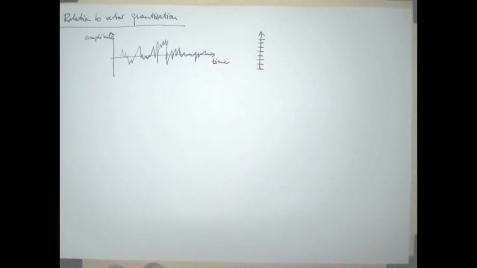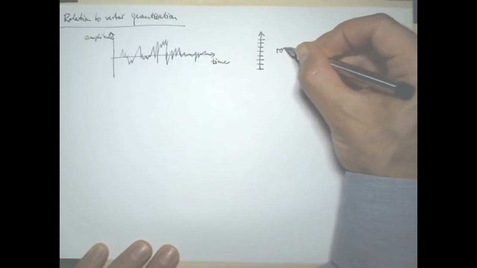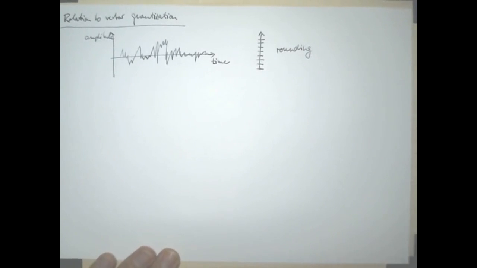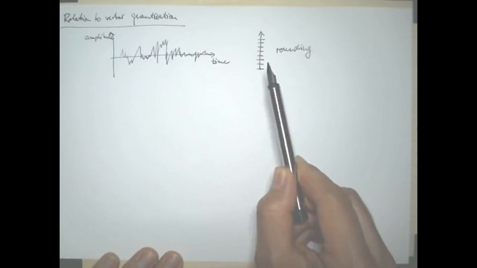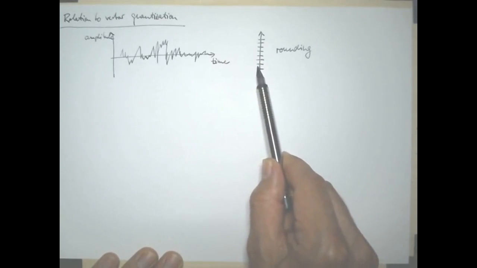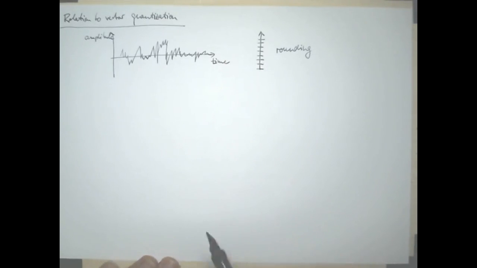So this would just be rounding. The advantages of rounding are that I need to specify only how wide my bins are and where the first bin starts. And after that, I can simply transmit the index of a bin that each sample falls into.